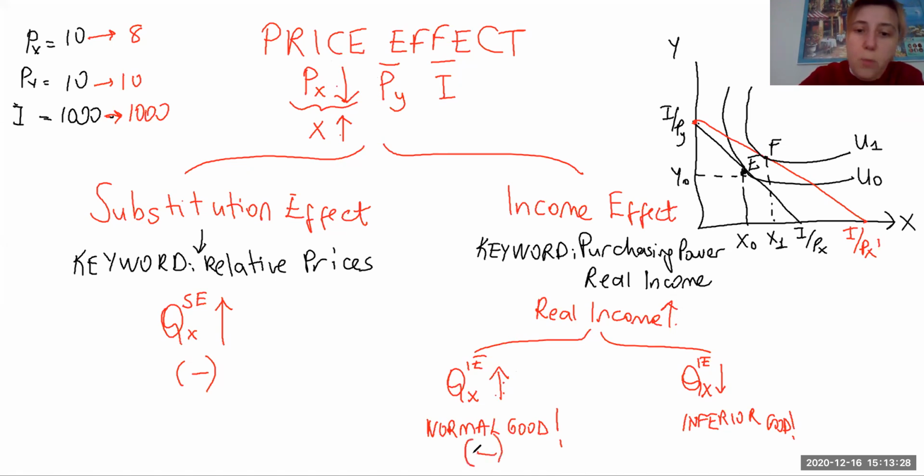For normal goods, the relationship between price and quantity demanded is negative. However, for inferior goods, the price of good X is decreasing, so the real income is increasing, and the quantity demanded for this good is decreasing. Price decreasing and quantity decreasing. So for an inferior good, the relationship between price and quantity demanded is positive.